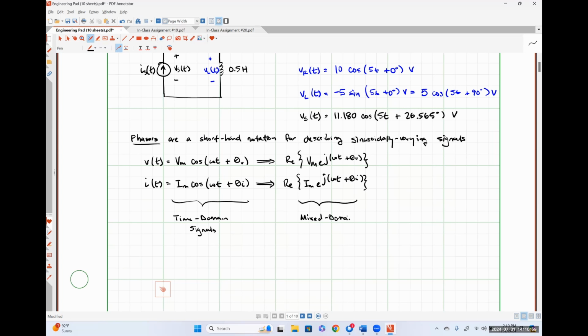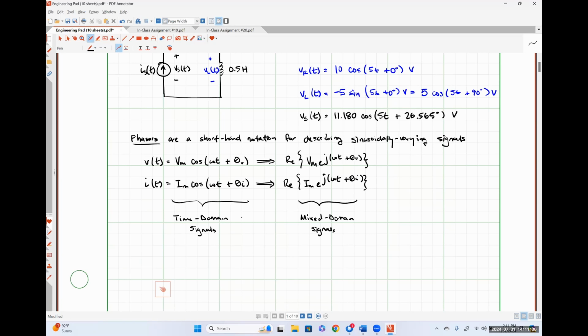And I'm calling them mixed domain signals because they're an intermediate step between the time domain that we experience in our everyday lives and the frequency domain, which is just kind of a made up mathematical space that we use to analyze sinusoidally excited circuits because the math is much, much easier.